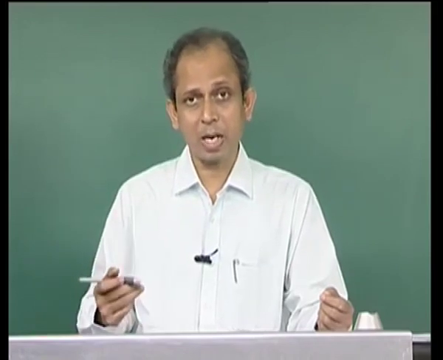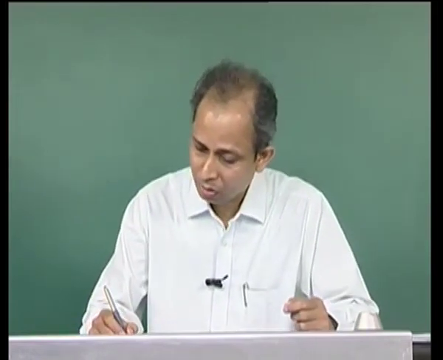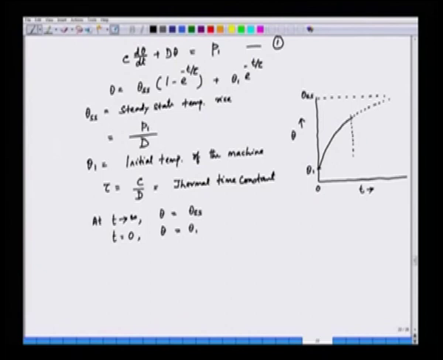Now, here if we start the cooling process, let us say at this instant the load is thrown off. So, if the load is thrown off at, let us say, a temperature that is theta 2, the loss is reduced and hence the motor begins to cool.